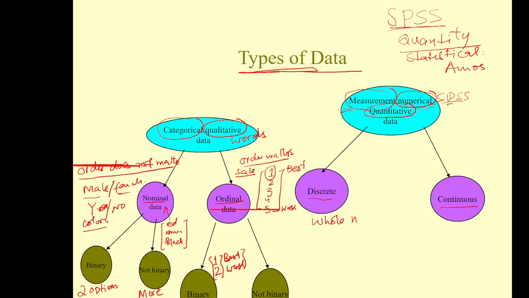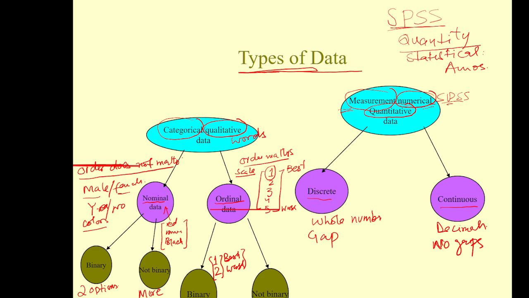Okay, it is whole number data. And continuous is something in which the data is in decimals, right? So there are no gaps between the data. And in whole numbers, there is always a gap between the numbers, so it is not continuous.